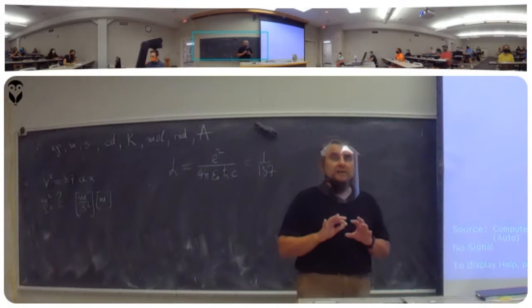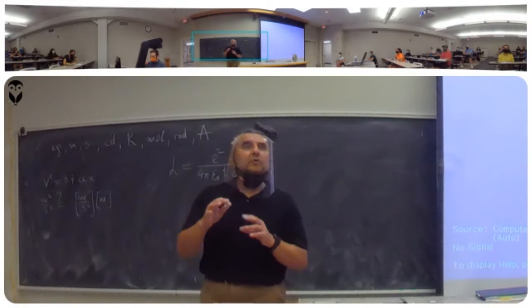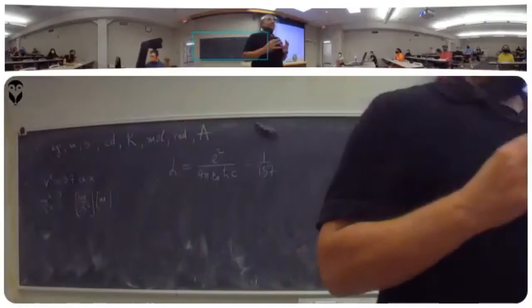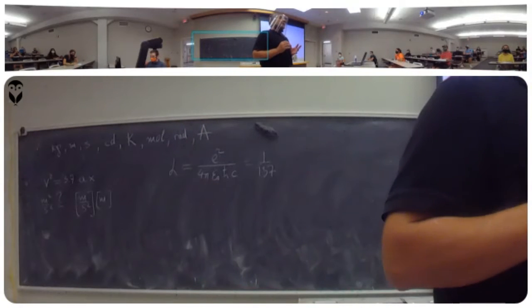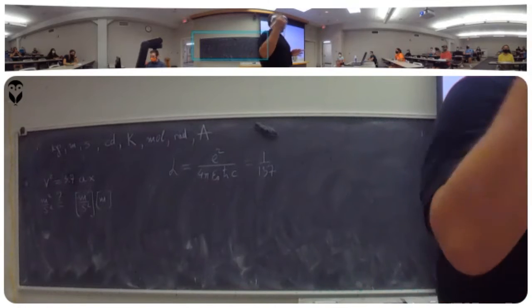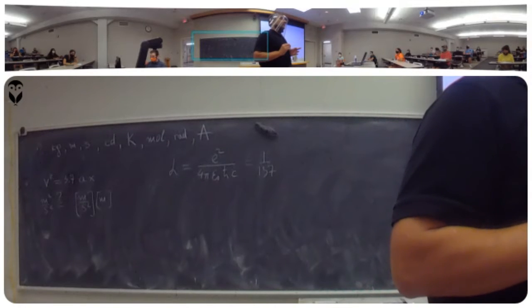With a simple computer program, you can find a wide number of those expressions and see if those expressions have any physical meaning, like the fine structure constant, for example.